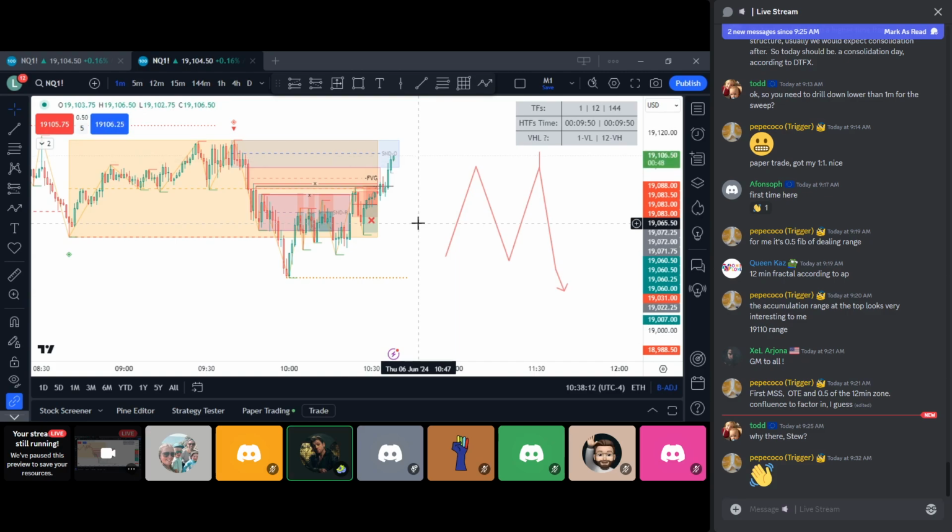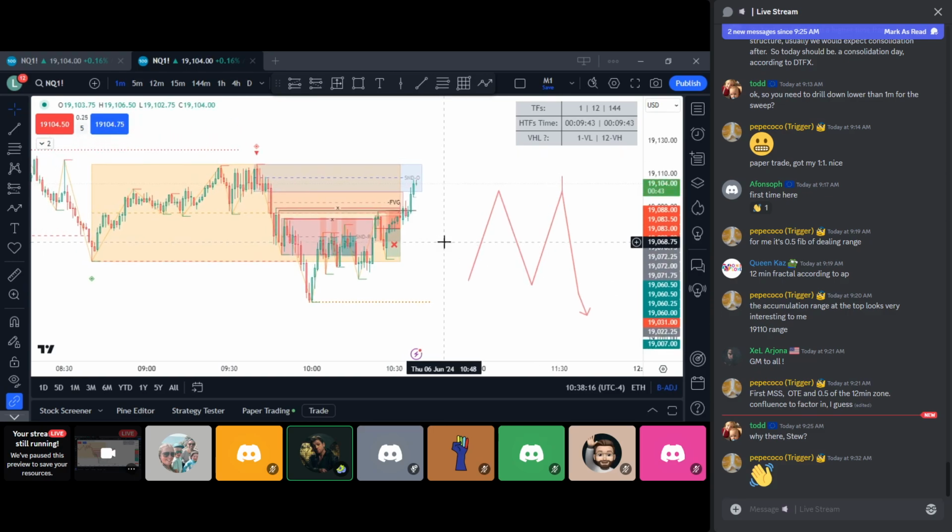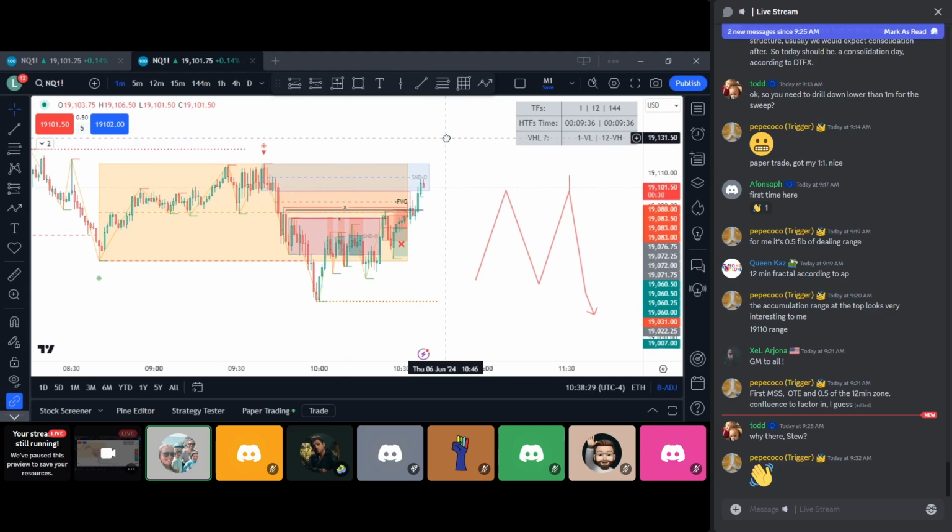So if you get a wick through and then it creates the valid high, are you assuming that's a failure and you look for an entry to then target that low? Yes. Okay. If we make a valid high here without taking the structure, I'd probably be taking the short for sure.